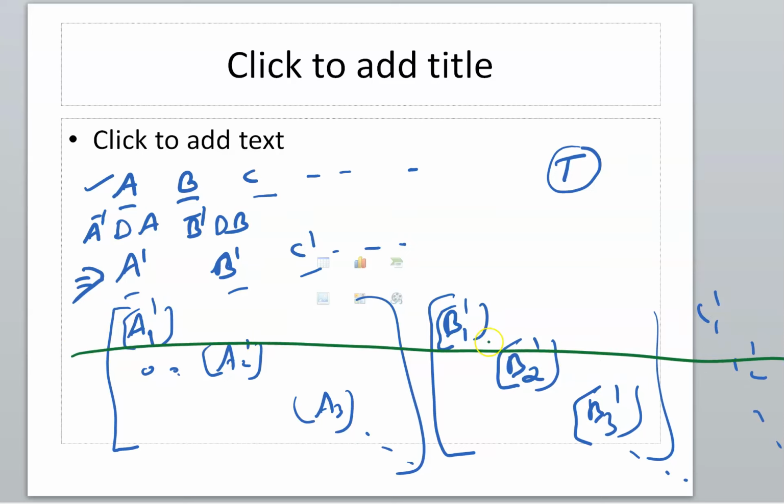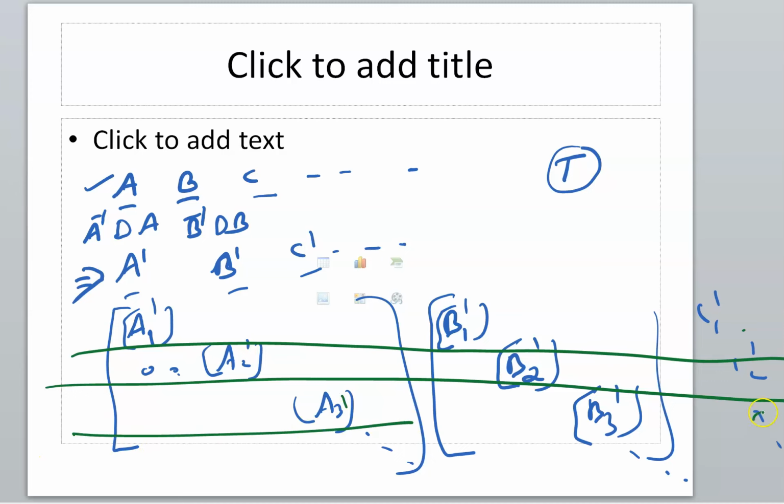And each of these block factored small matrices are also another representation of the group. That is, A1 dash, B1 dash, C1 dash will be one representation, A2 dash, B2 dash, C2 dash will be another representation, A3 dash, B3 dash, C3 dash will be another representation. These all are representations of the group, and if this smaller dimension matrix cannot be further reduced to smaller dimension, it will be an irreducible representation.